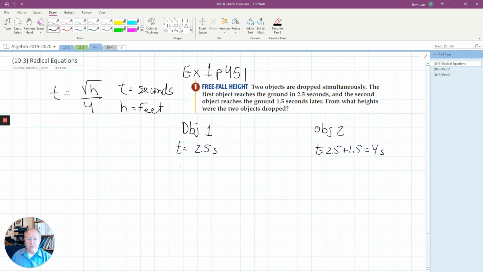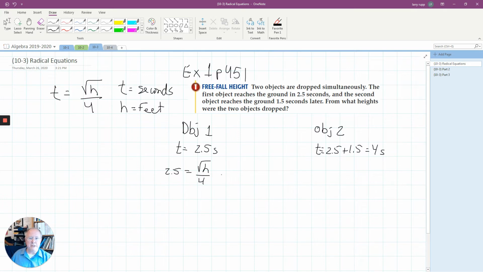So we plug this in. 2.5 is equal to the square root of h, because the h is what we're looking for, over 4. Well, you isolate the term with the variable in it, which we have. Now you solve for the variable. What's being done to the h? Well, right now what's being done to it is that you have the radical sign.